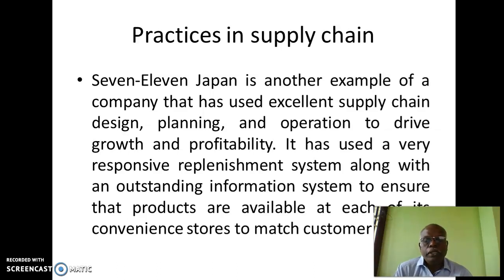So what is the key point here? 7-Eleven Japan uses the information system, that is, using computer hardware and software to understand the requirements in different stores. So they followed a style of responsive replenishment system.